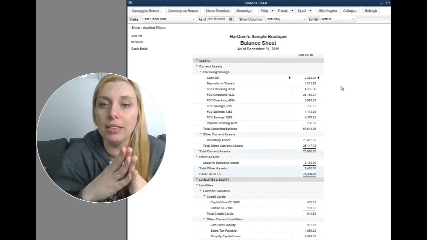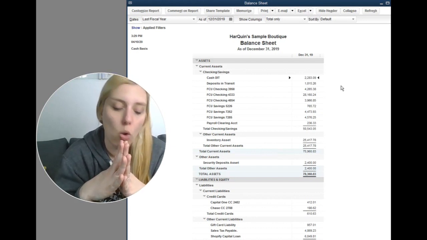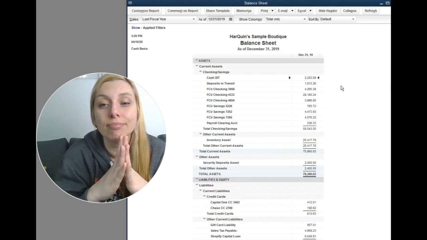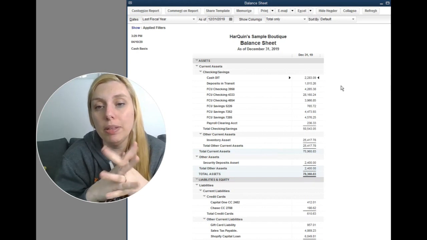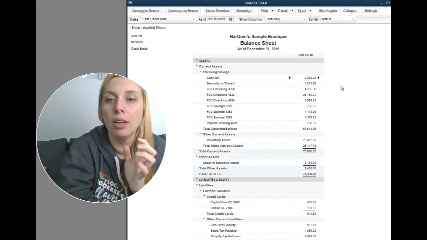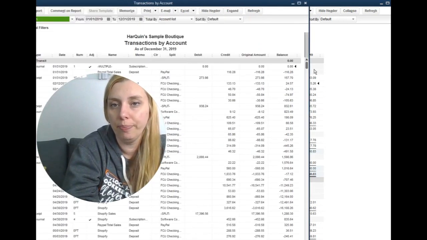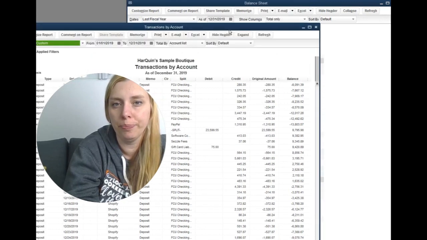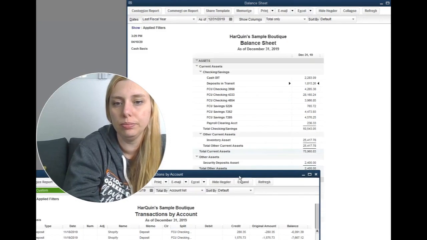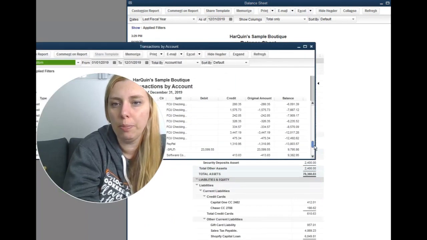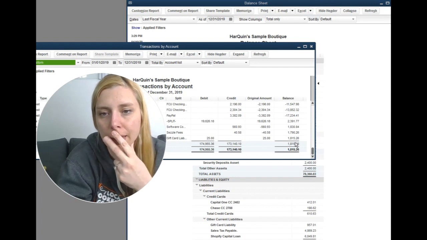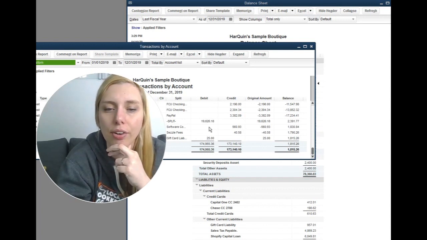Another litmus test is if your deposit in transit is more than a whole month of sales, then you need to look into it. You're missing deposits. So this particular sample boutique made $19,000 in December and had $1,800 left.